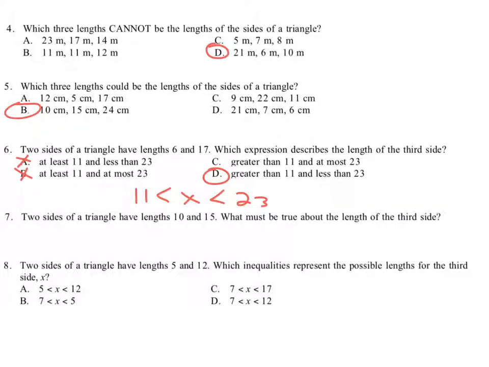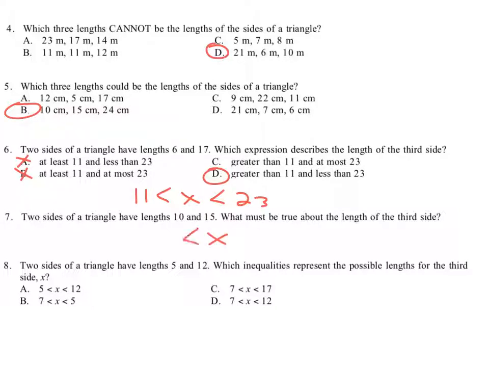Okay, so then let's use that for the next one. Two sides of a triangle have a length of 10 and 15. What must be true about the length of the third side? So we can say, well, if the third side was length of x, sorry, I'm getting some glitchiness on the app, which happens sometimes.